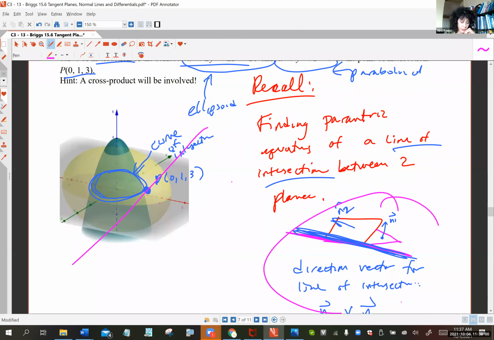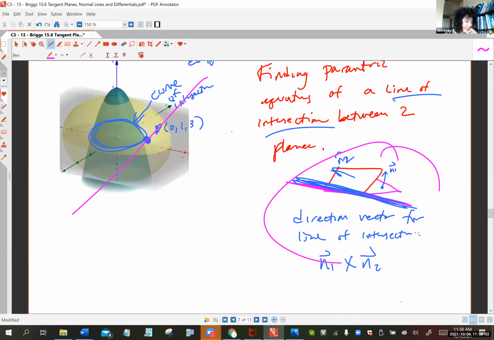What does that got to do with this problem here? Well, here's the claim. If you find the gradient to both of these surfaces, it's going to turn out the cross product of the gradients is going to give you a direction vector for this line. What? Yeah. So here, I'll even use the colors.